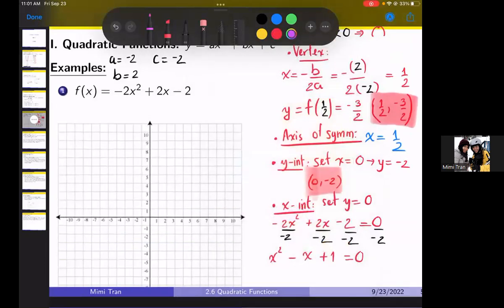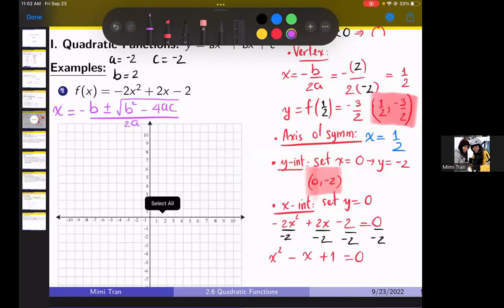Let me remind you of the quadratic formula. x equals minus b, anybody remember? Give it a try. Plus or minus the square root of b squared minus 4ac, over 2a.